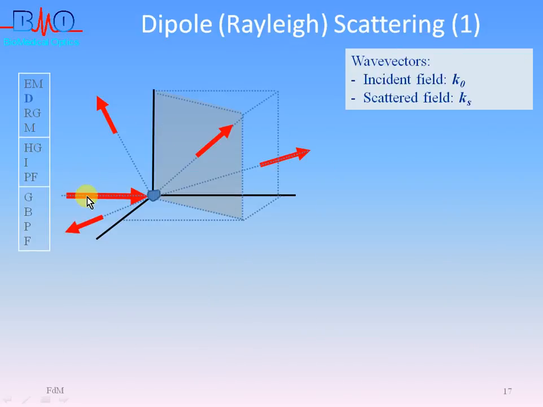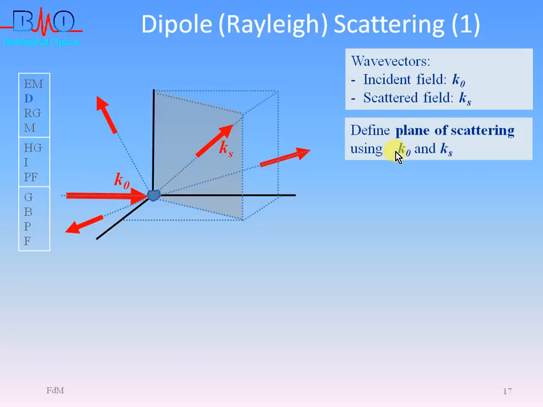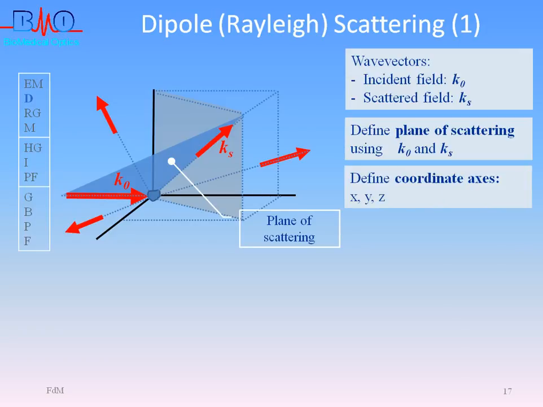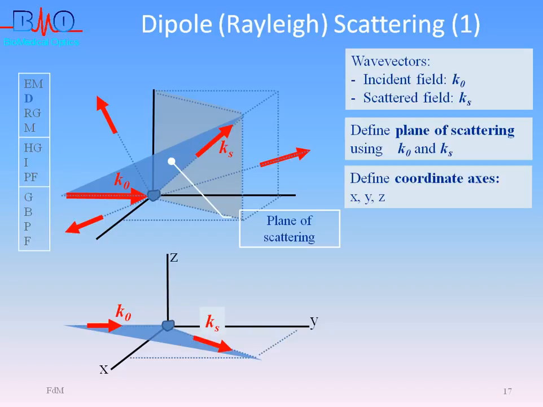Here is the situation. We have the incoming field and scattered field here. This is the scattering volume. And we have two wave vectors, k0 and ks. And now we define a plane of symmetry using k0 and ks. And that plane of symmetry is seen here. And we define coordinate axes, x, y, and z, along that plane of symmetry, as is seen here. Here is ks and k0, and here we have the plane of symmetry.